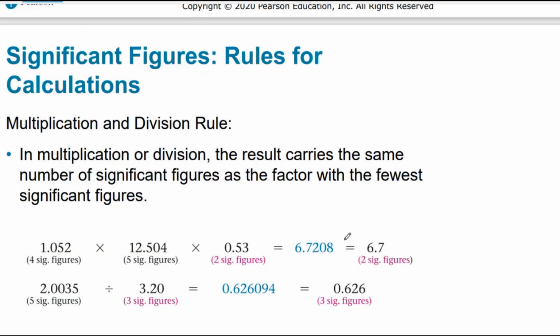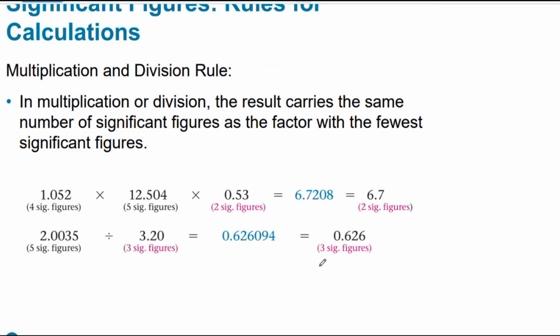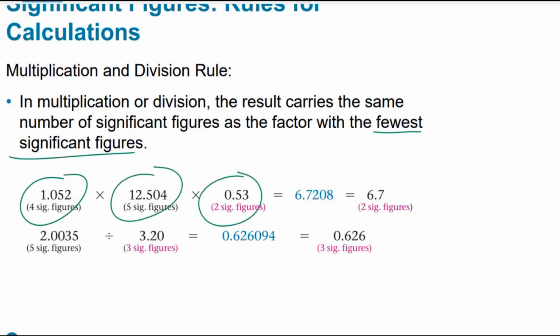So how do we calculate significant figures? So multiplication and division, the significant figures are limited by the number with the fewest significant figures. So here we have 4, here we have 5, here we have 2. If we multiply those 3 numbers together, we're limited by the one with the smallest number of significant figures, so we have to end up with 2.